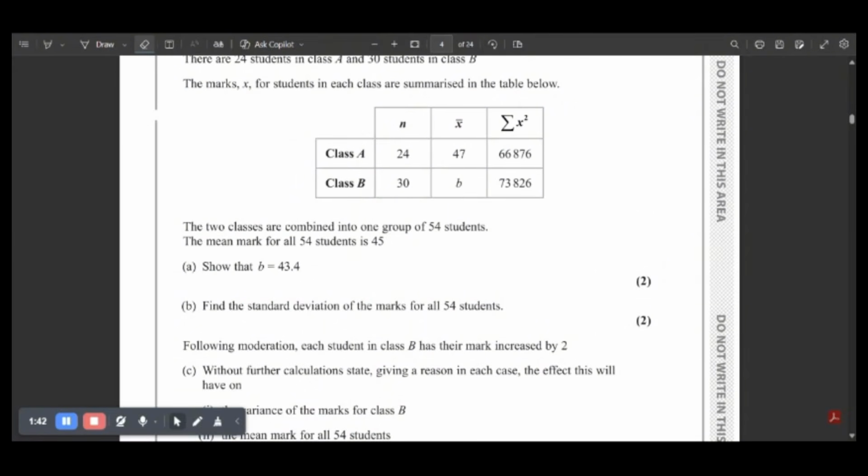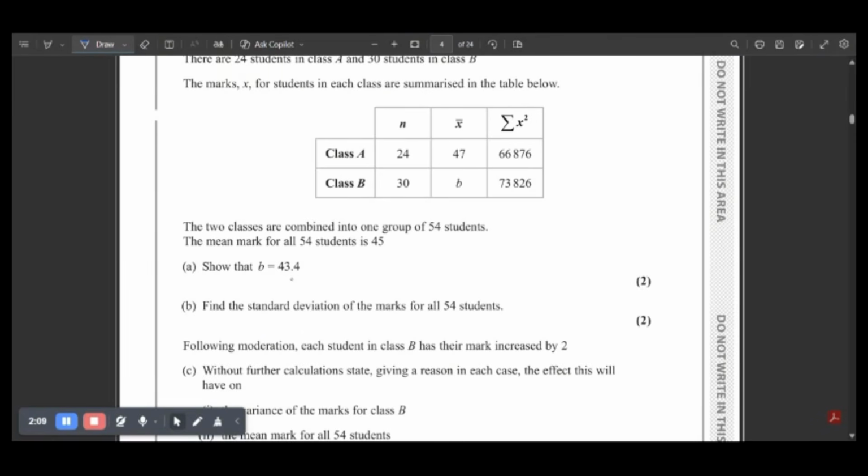Whatever we do, we have to combine all of this. It is given that the mean mark for all the 54 students, both classes combined, is 45. We now have to show that b equals 4.3.